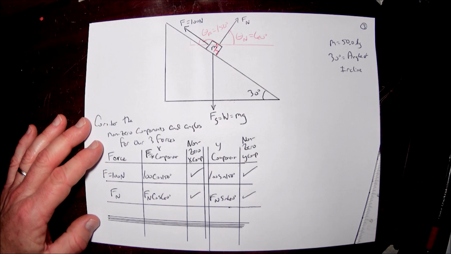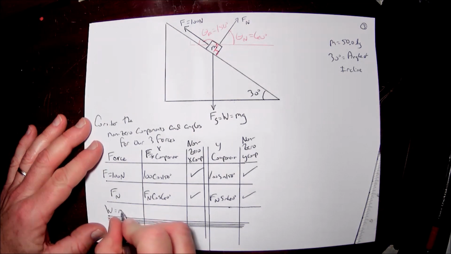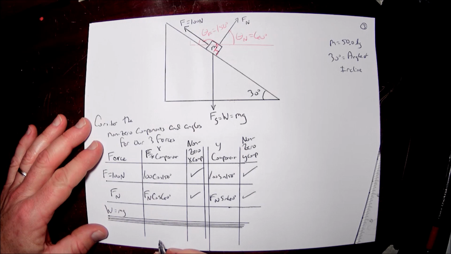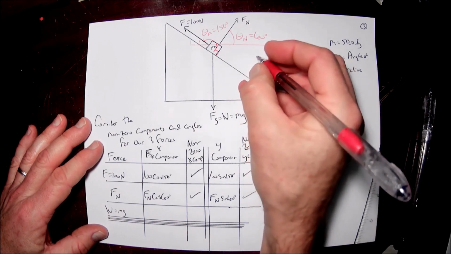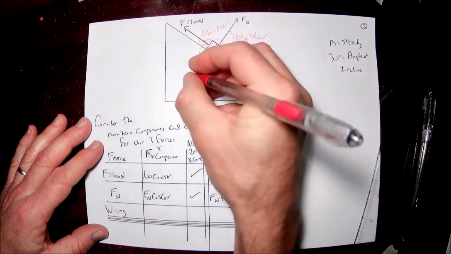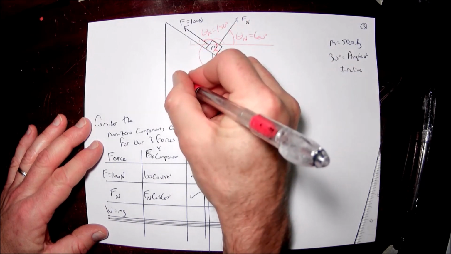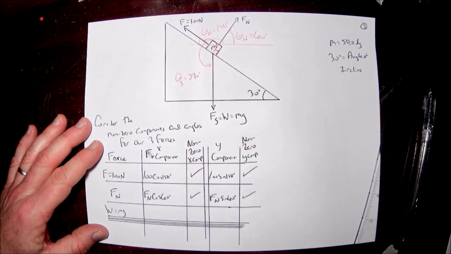And my last force is the weight. The weight makes an angle of theta W. I'll just call it theta G. I like that. 270 degrees.